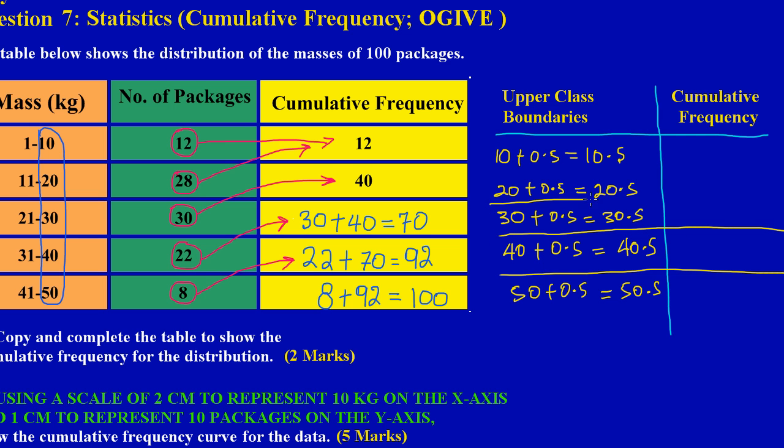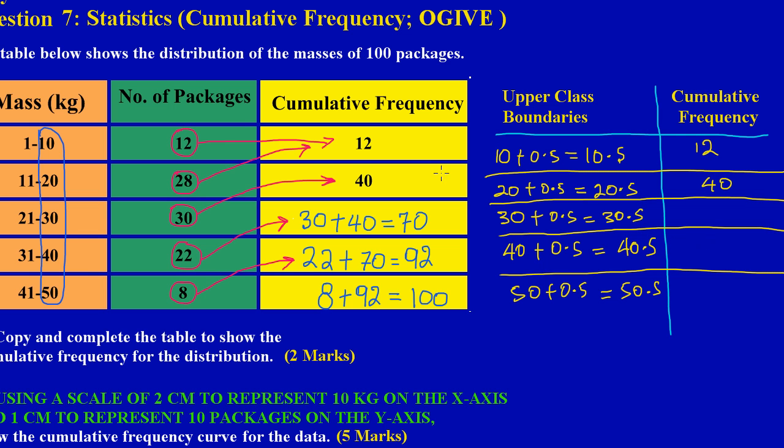Now let's quickly separate these, and let me show you what is really happening. Let me just draw this line and get that out of the way, so this can look a little more organized. Now if you notice, in the second row, I have 10 here in my first class, so 10.5 here would be plotted with the 12 under my cumulative frequency. Then I would have my 40.